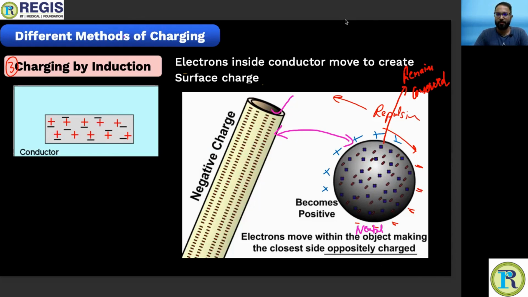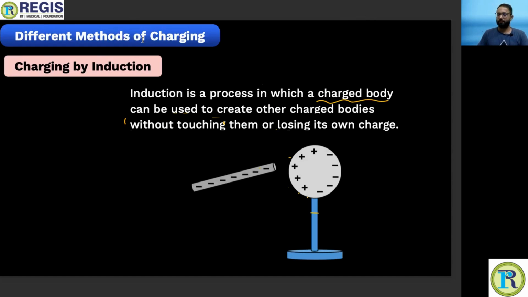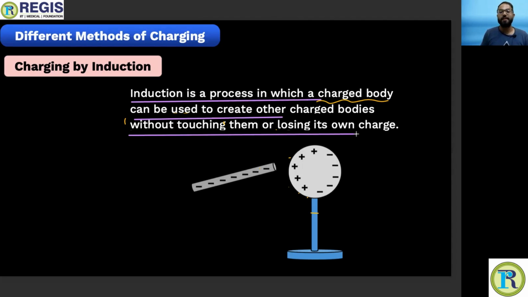Okay, let me give one more example about induction. So what is induction? Induction is a process in which a charged body can be used to create other charged bodies without touching them or losing its own charge.